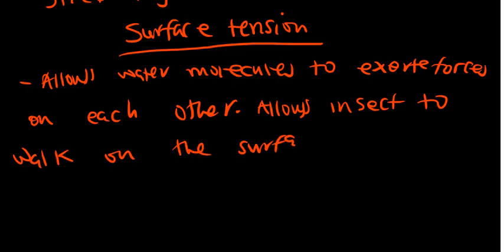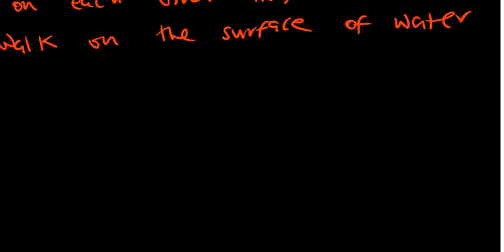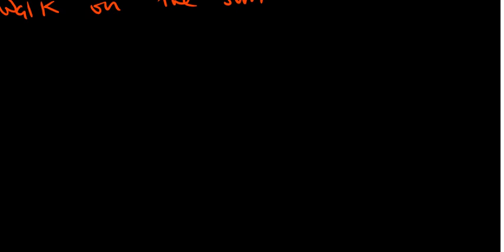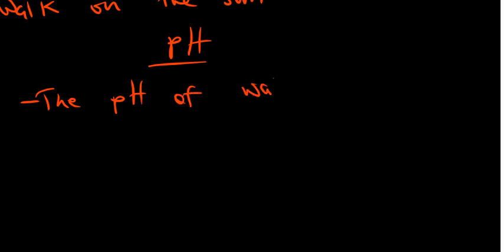So we also have to look at another property of water, which is the pH of water. The pH of water is about 7.4. So that means that pure water has a neutral pH, and water is sensitive to pH changes.